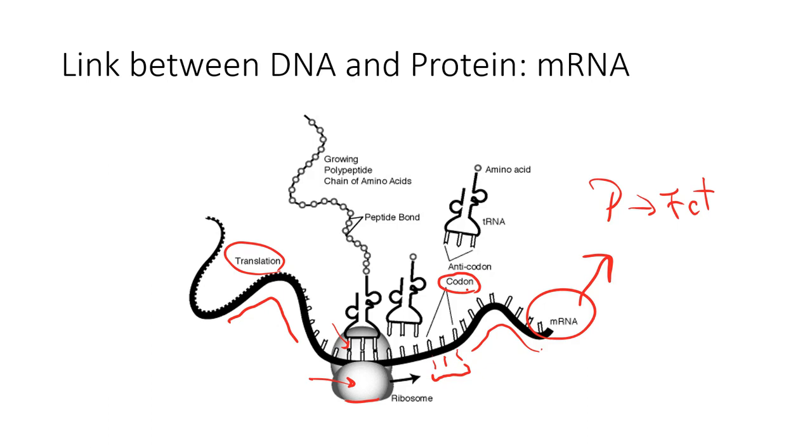So in order to grow the polypeptide chain, and don't forget, polypeptide chain is nothing else but a synonym for a protein. And a polypeptide chain grows amino acid by amino acid. So we have 1, 2, 3, 4, 5, 6, etc. And don't forget that every single one of these amino acids are connected to one another by something that we call a peptide bond.